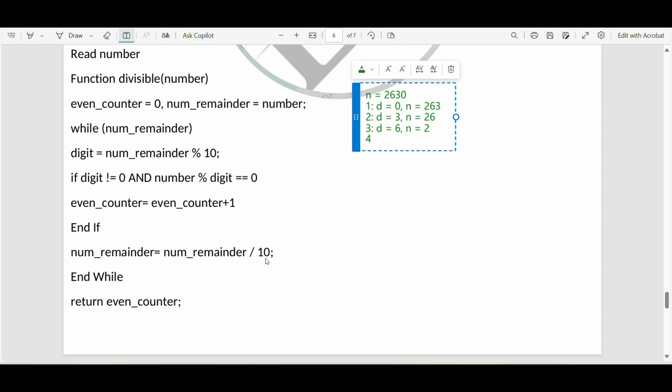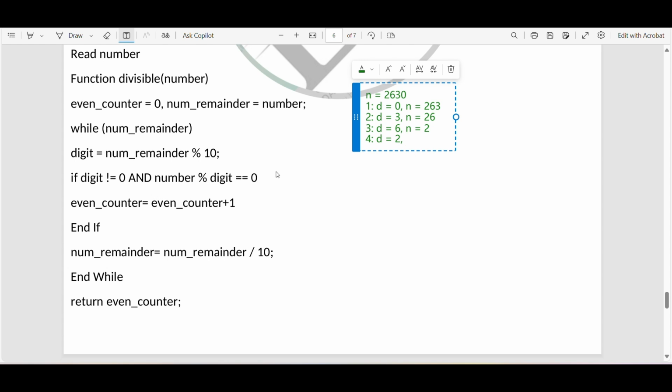And next, this is iteration 4 we are doing, and here digit will be equal to num reminder mod 10. That means when 2 is divided by 10, then you will be getting 2 itself, right? So after that, now you need to check.